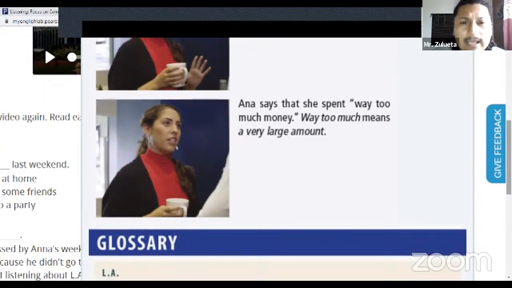So next, Anna says that she spent way too much money. Okay, way too much. Way too much is mucho dinero en este caso. So here, way too much means a very large amount. También es bueno, específicamente para un monto.